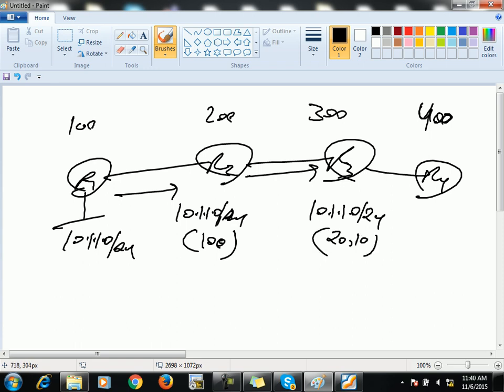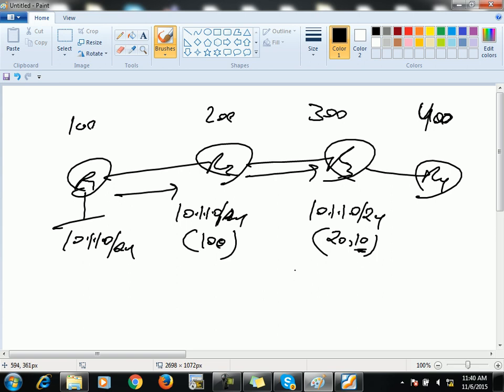There are two things: prepending and appending. Prepending means it will add it on the top. If you are doing prepending, then the originating AS will be the rightmost AS.